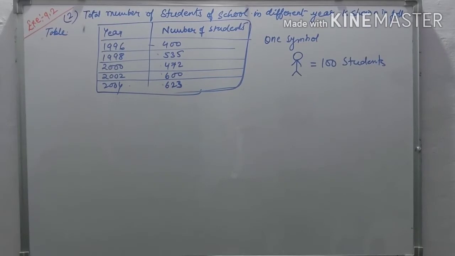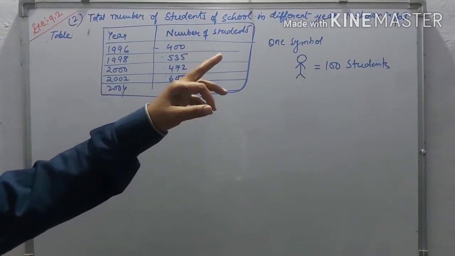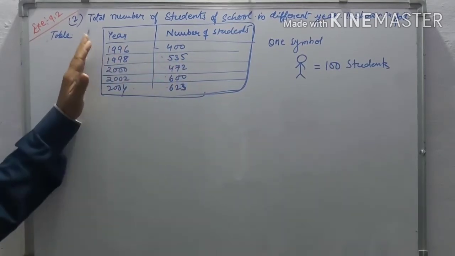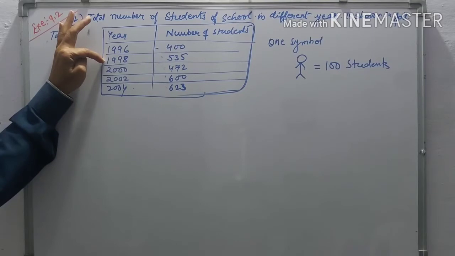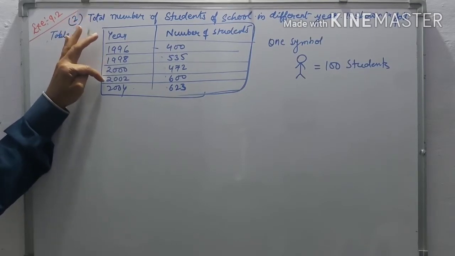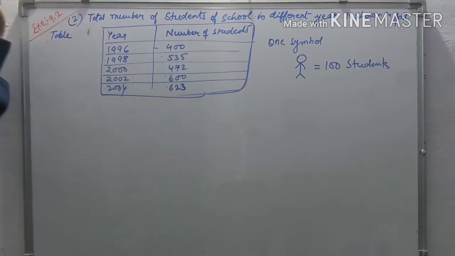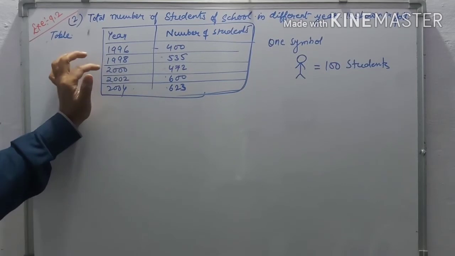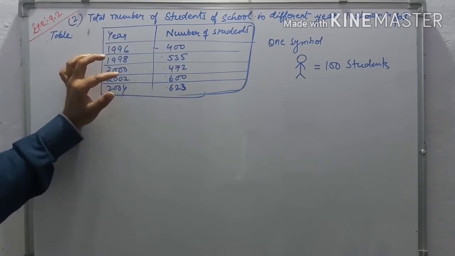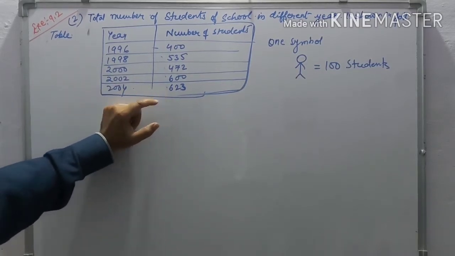Question number 2 asks about the total number of students in the school in different years, shown in the following table. In this table the years given are 1996, 1998, 2000, 2002 and 2004. The number of students in 1996 is 400, 1998 is 535, 2000 is 472, 2002 is 600, and 2004 is 623 students.